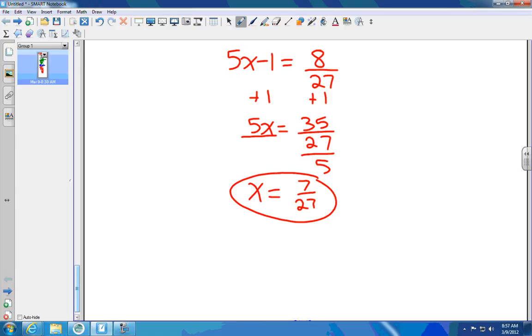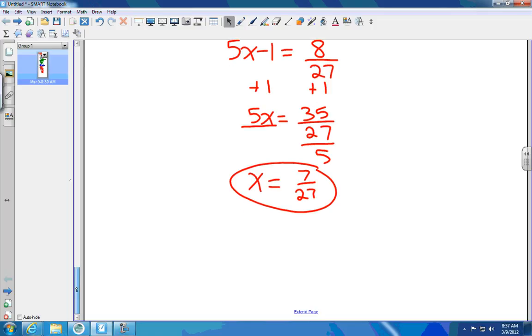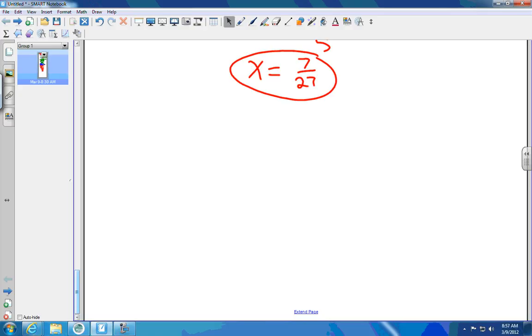One more of those, or go on with your homework. Is that homework? Page 425.